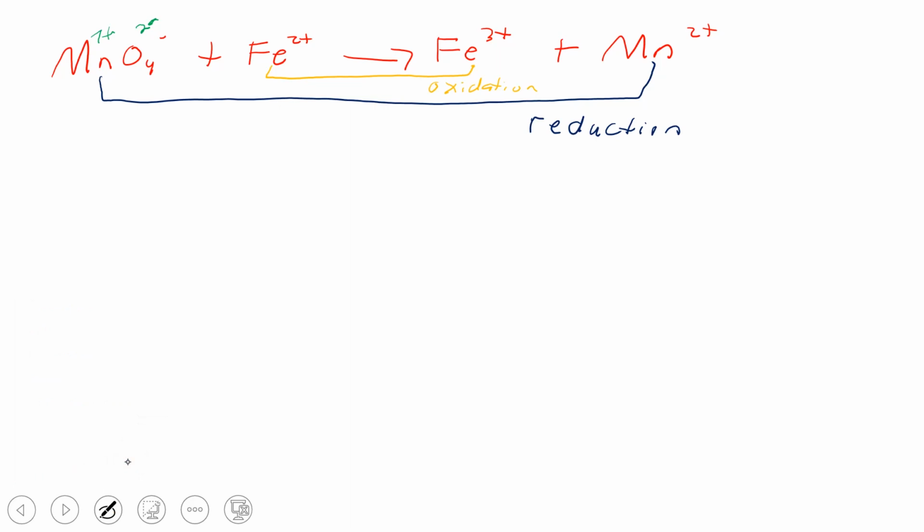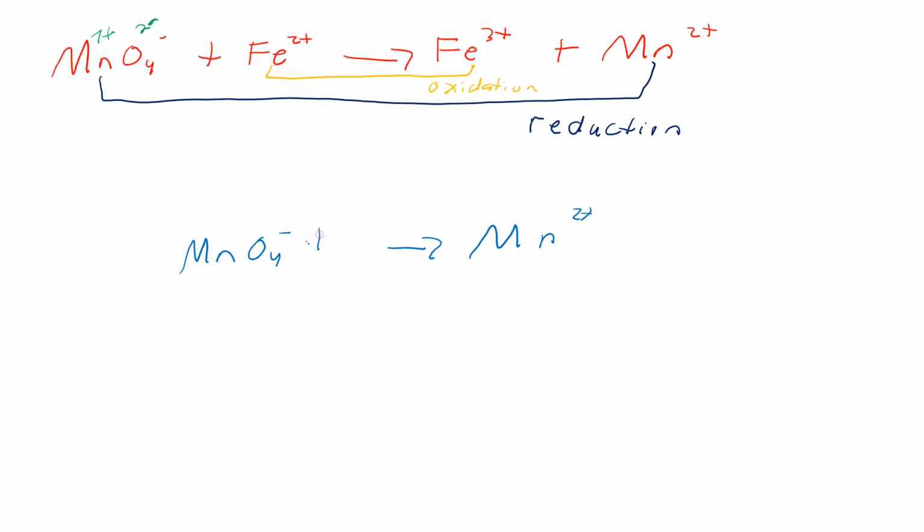If we take the manganese half reaction, we have MnO4 negative gives us Mn2 positive. To go from MnO4 negative to Mn2 positive, we went from a 7 positive charge on manganese to a 2 positive charge, which means that it had to gain 5 electrons.